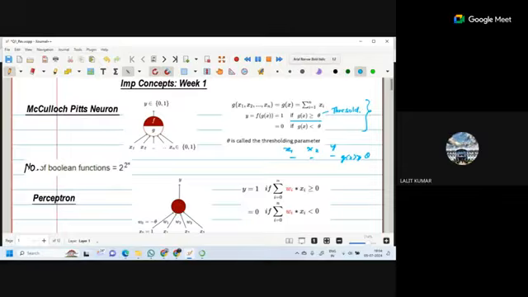For example, there are 10 inputs and this is an AND function, and your g(x) will be 1 only, for example, if y is equal to 1, if g(x) is greater than equal to theta. If it is greater than equal to theta, then what will be the threshold for AND? Anyone? Bhavya? 10.